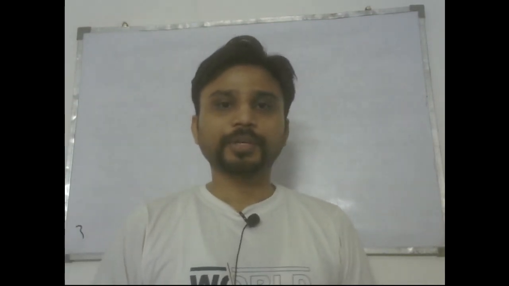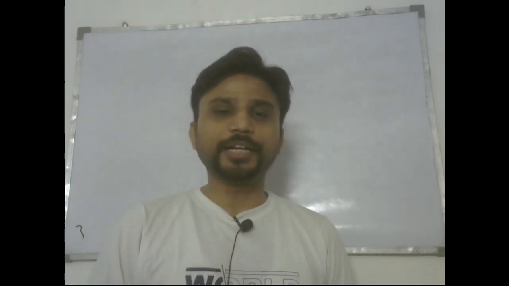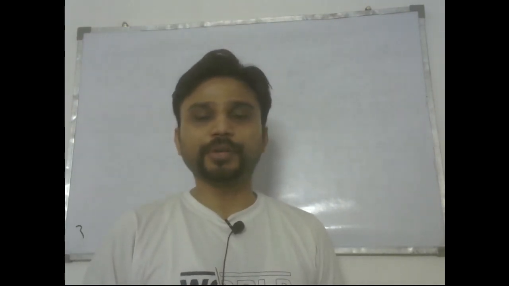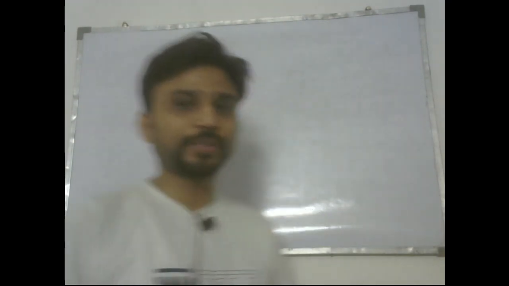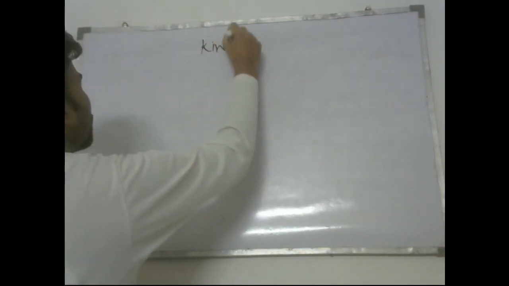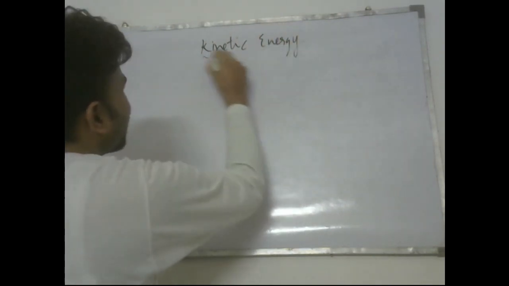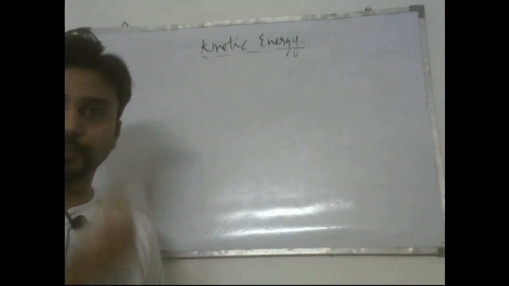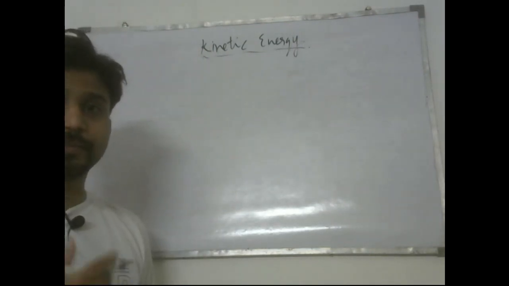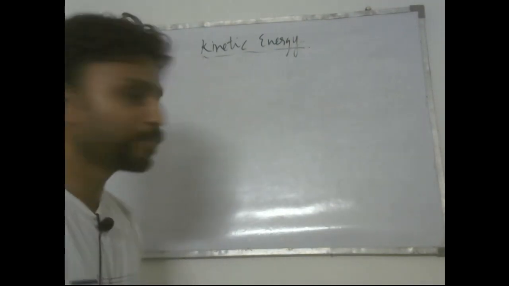So kinetic energy, like I said, is defined as the energy associated with the body by virtue of its motion, and its expression can be written as half mv square. That is the expression which we remember from our classes already, and we know its units and so on.